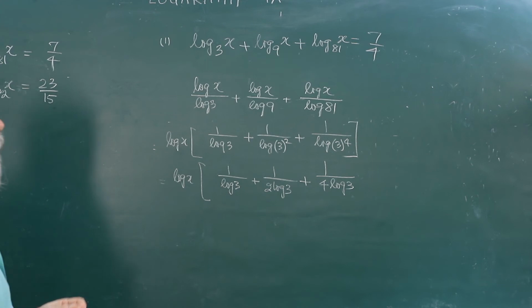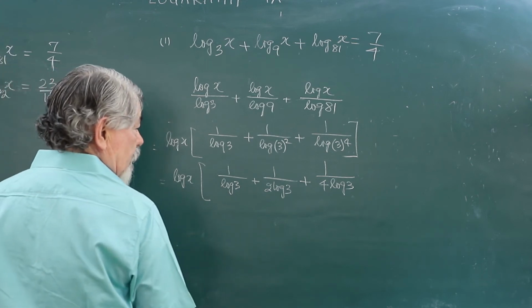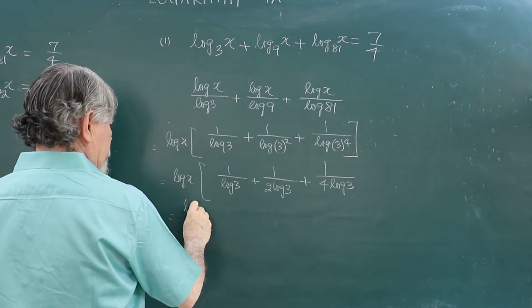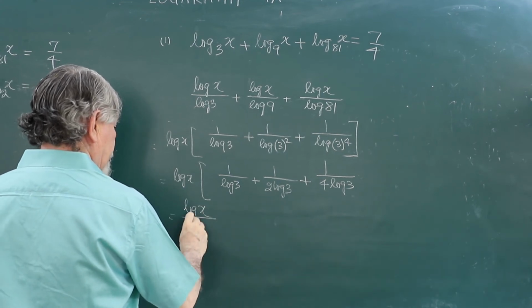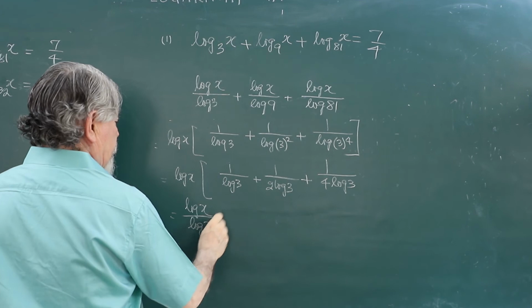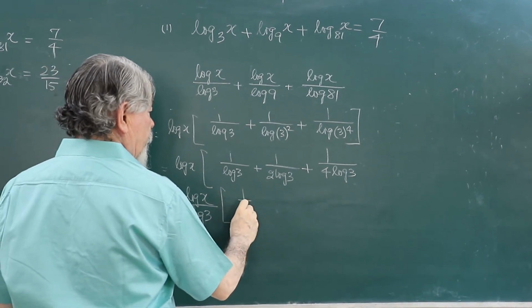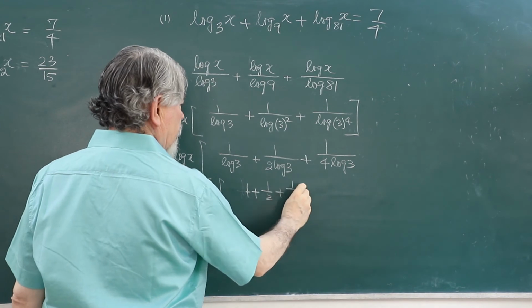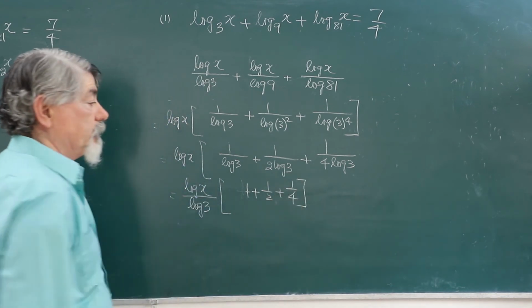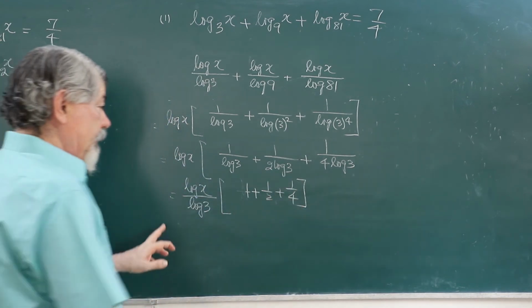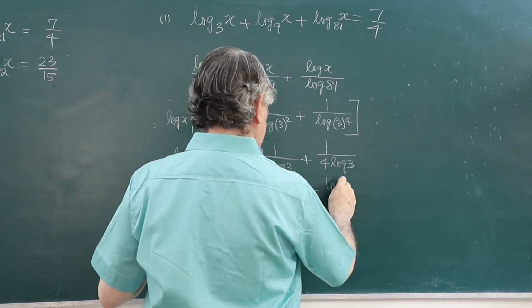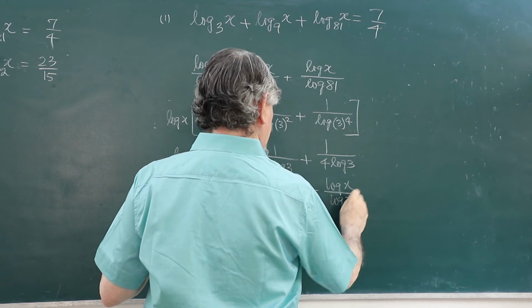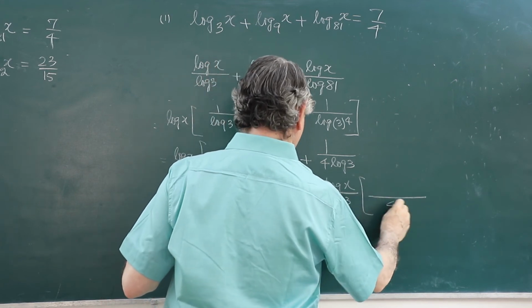So if I take log 3 also outside, log x upon log 3, and it is 1 upon 1 plus 1 upon 2 plus 1 upon 4. And we add this. LCM is 4.